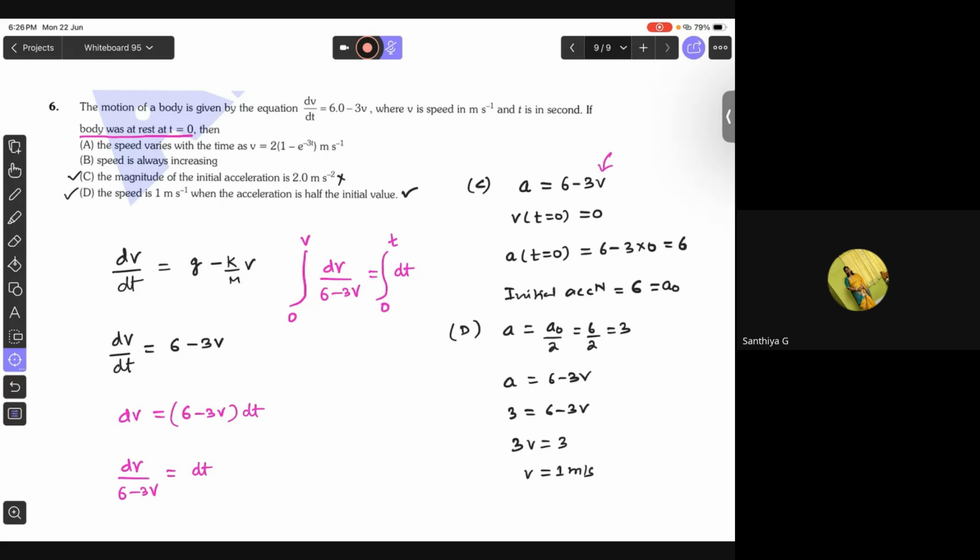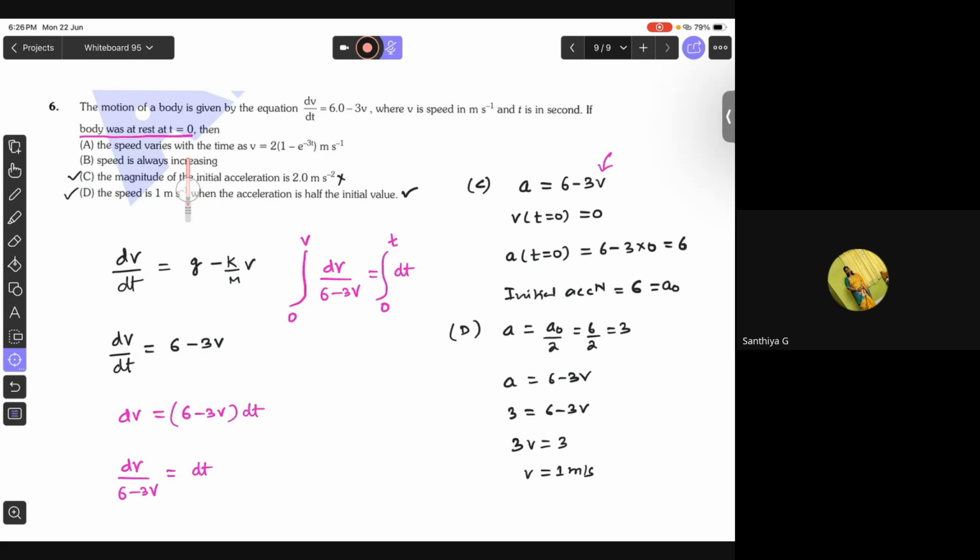Or you want me to solve? You should try one. That much practice you should have. Yeah, correct. Option B correct. The same as the old case, just instead of g, I have 6, and instead of k by m, I have 3. So obviously option B is correct.